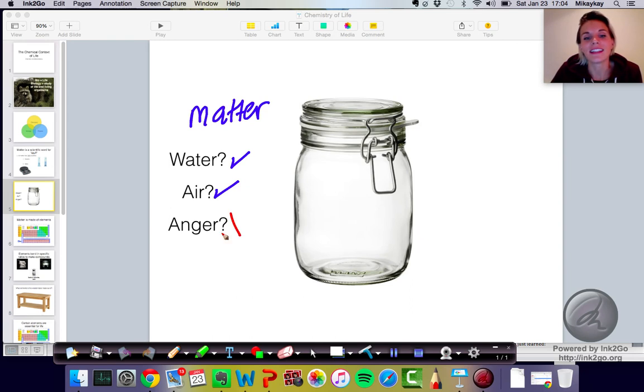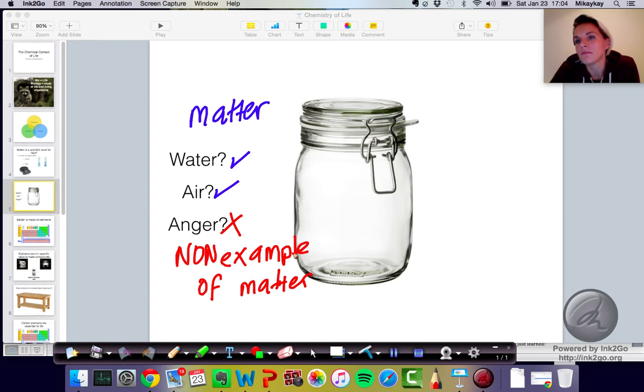Anger, in fact, you could not put into a jar. It is an emotion. It does not have a mass. It does not have a particular volume. It is important. It does matter to us, but it is a non-example of matter. Okay?